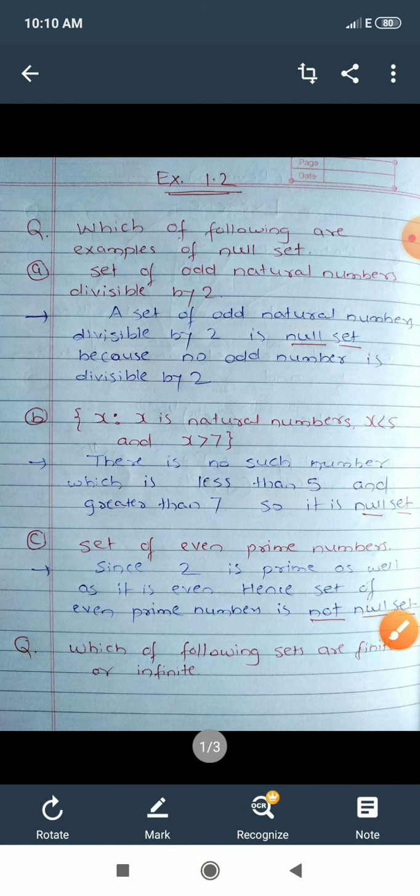So 2 is prime as well as it is even. Hence the set of even prime numbers is not a null set because 2 is included here. Okay. Any set having only a singleton element is also a set which is not a null set because it consists of one element, right?